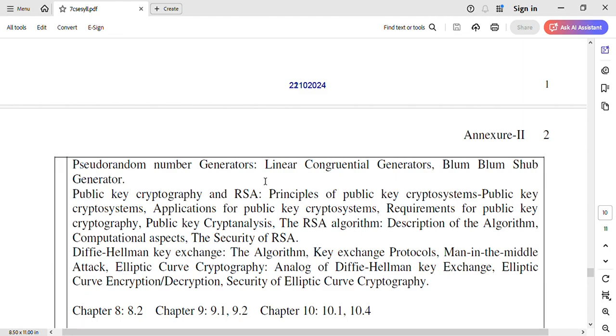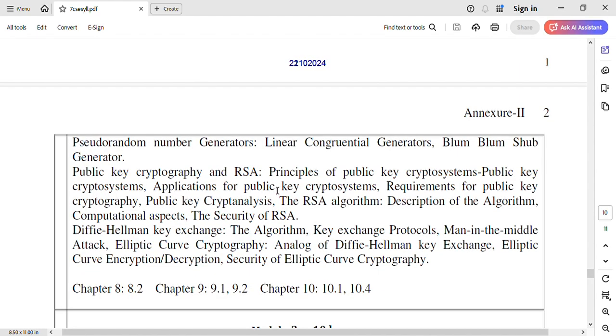Public key cryptography and RSA, principles of public key crypto systems, applications of public key crypto systems, requirements for public key crypto system, public key cryptanalysis, RSA algorithm, description of the algorithm, computation aspects, the security of RSA. So in this we are going to discuss the major advantages, disadvantages and strength of the RSA algorithm. As we know, public key cryptographic technique will use the RSA algorithm.